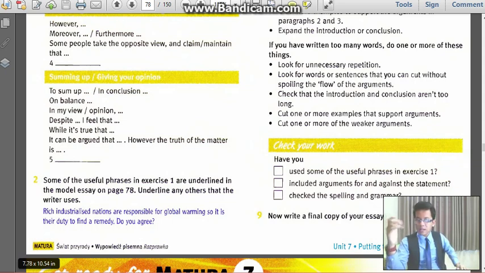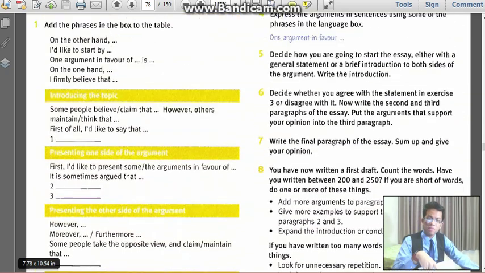Rich industrialized nations are responsible for global warming, so it is their duty to find a remedy. Do you agree? Duty means responsibility. Remedy means solution. So, do you agree with that statement?